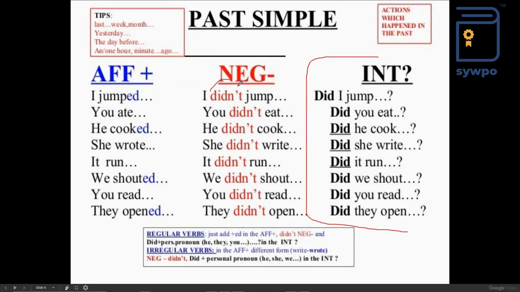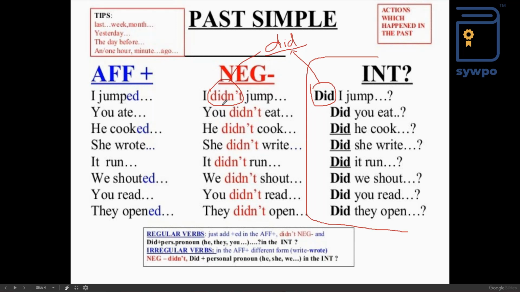Alright, now let's look at the question. If you notice, in negative we used did, right? And in question, we also use it, just like in present simple we use do and does, and then did, doesn't, and don't.